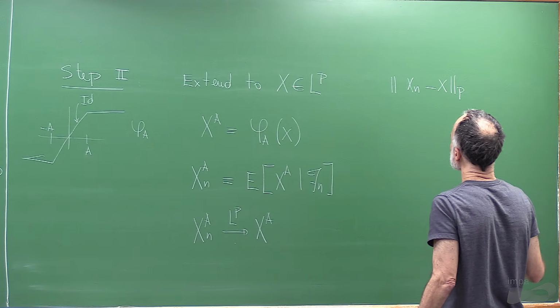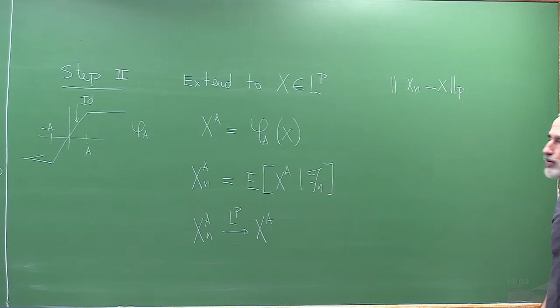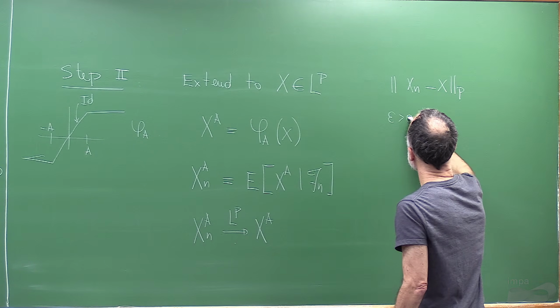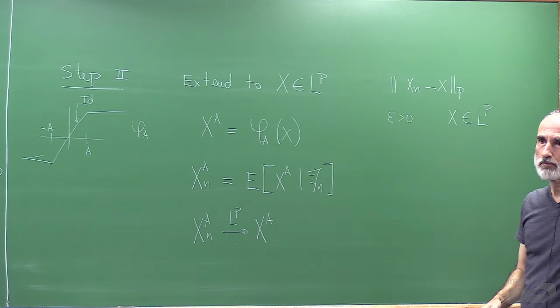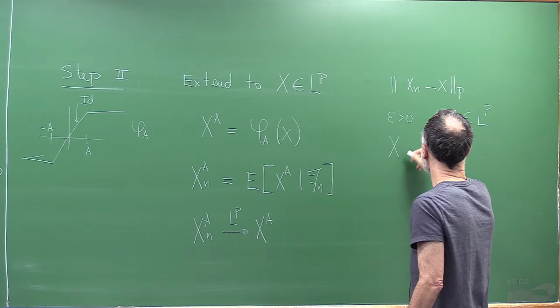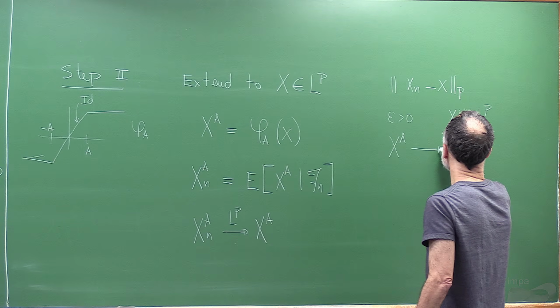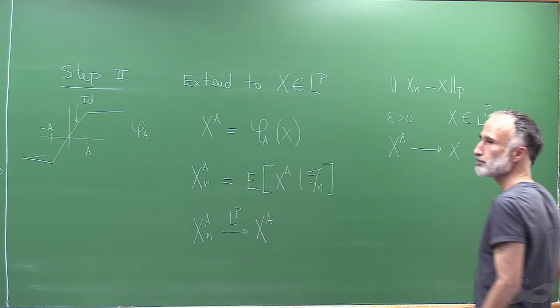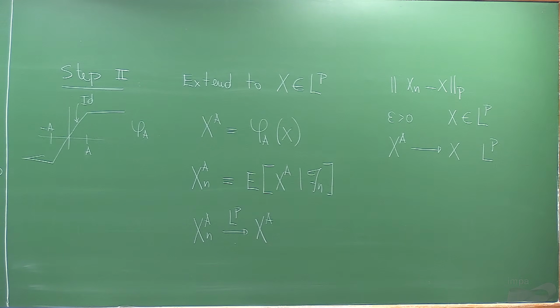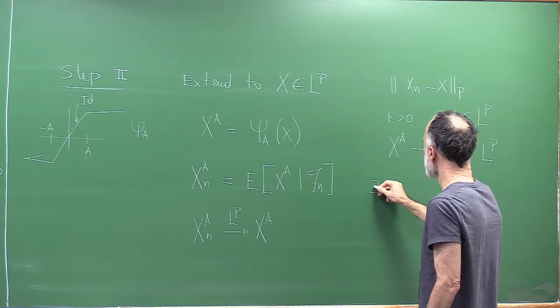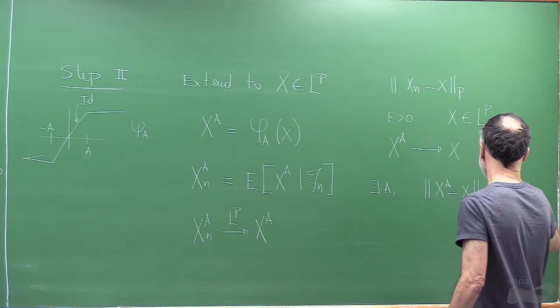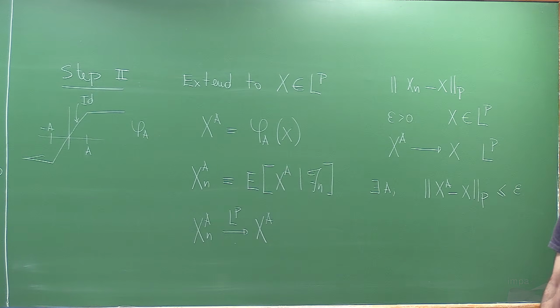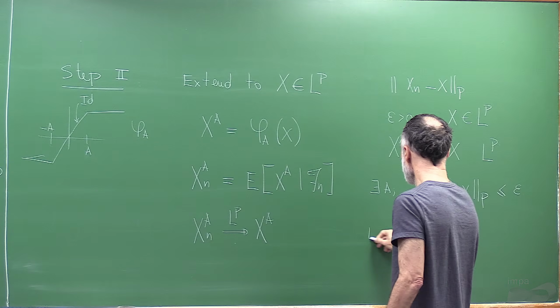So what you do, triangle inequality, and let's say you fix an epsilon positive. x belongs to LP, right? xa belongs to LP and it's converging to x in LP. You agree? This means that I can find a0 such that the LP norm of xa minus x is bounded by epsilon, for a larger than a0. And I can extend that to xn and xan.